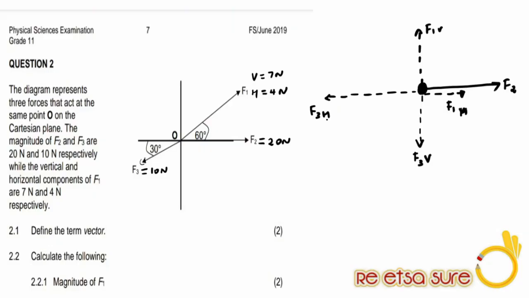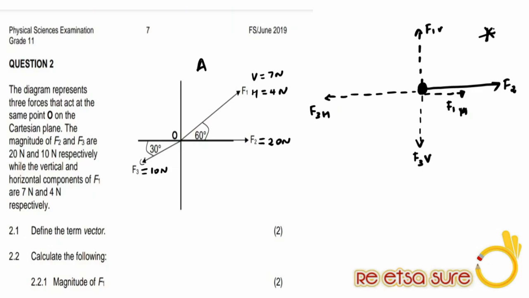That is the first step that we must all do. We must be in a position of knowing how to draw the free body diagram in this fashion, because it was given in this way, but I put all the forces either on the vertical line or the horizontal line. So please be in a position of knowing how to do what I did on my sketch.